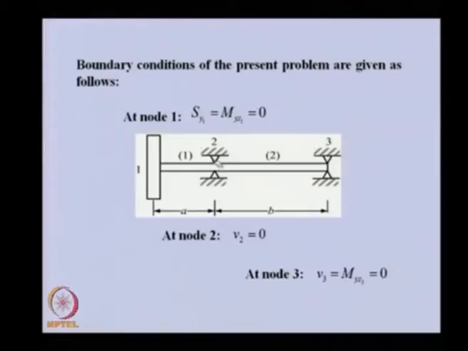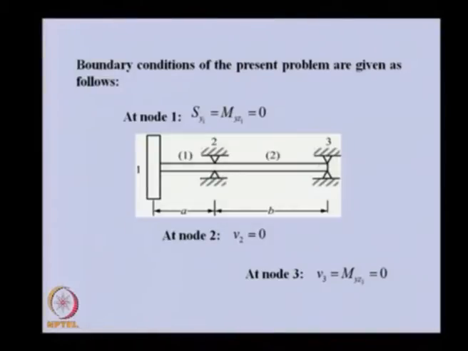At node 2, we have displacement 0 because this is a support, and at node 3, not only the displacement but the moment is also 0. In this particular support, the moment is not 0, as such this is not a simply supported condition. That's why this moment is not 0.